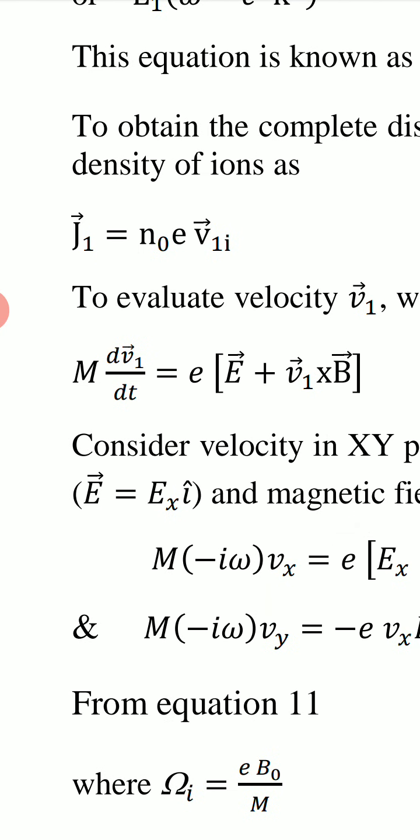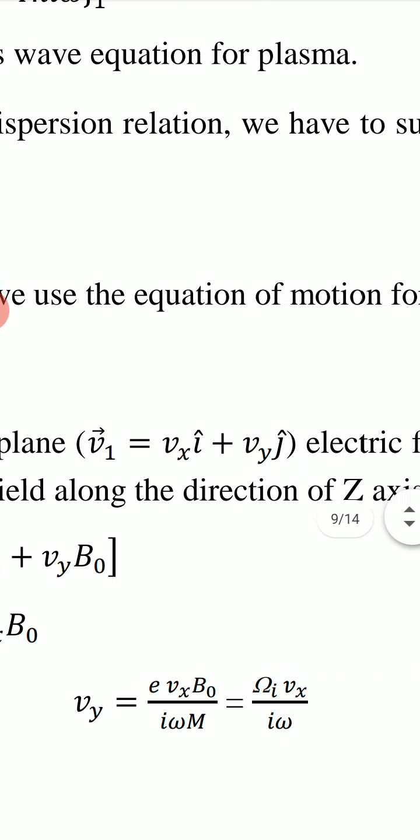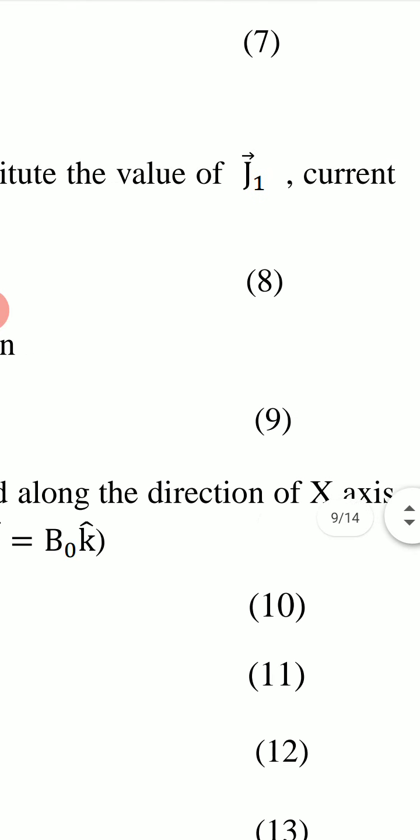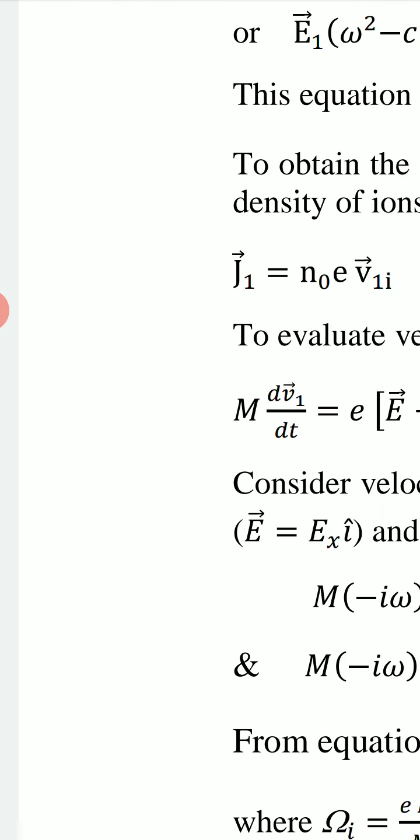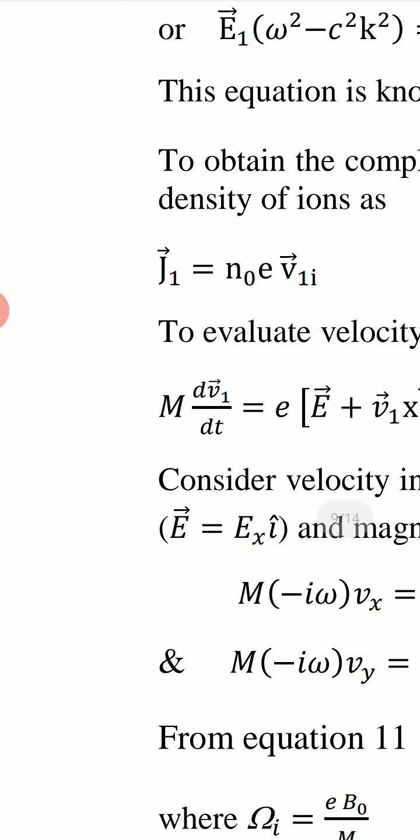To obtain the complete dispersion relation, we have to substitute the value of j1 vector. J1 vector is the current density for ions, and from the formula J equal to NeV, we write N0 e V1i, where V1 is the velocity and i is for ion, because it is the current density for ions.